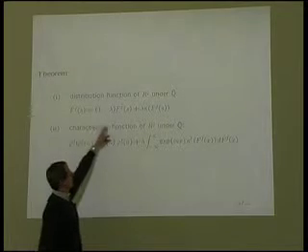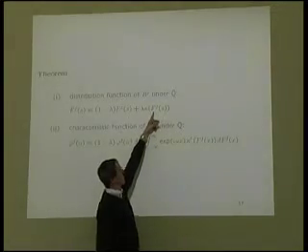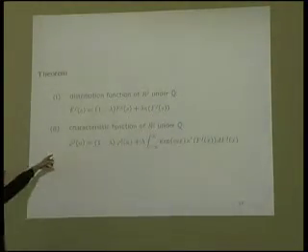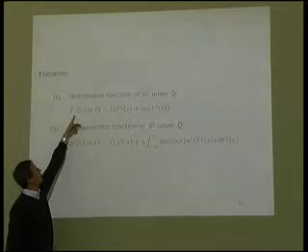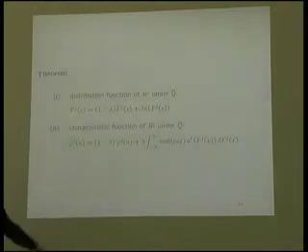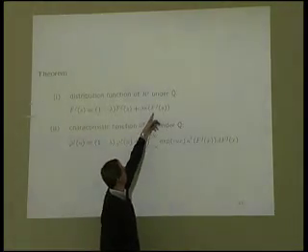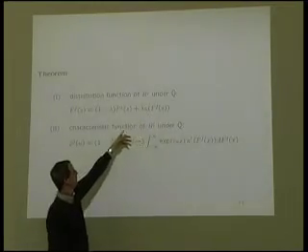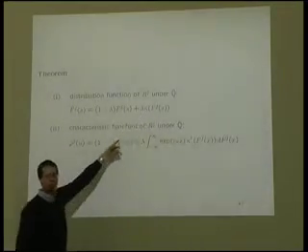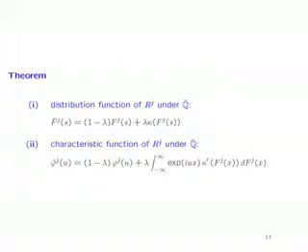This is the distribution function of this return under P, and that's the distribution function under Q hat. What you have to do is distort the distribution function F under P by this distortion function kappa, which depends on the preference and which depends on the copula, like this.